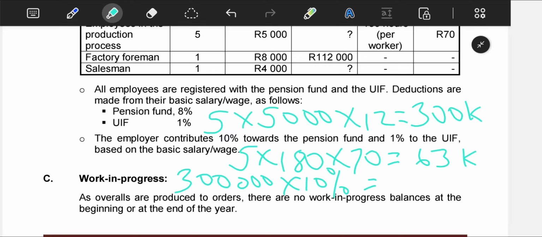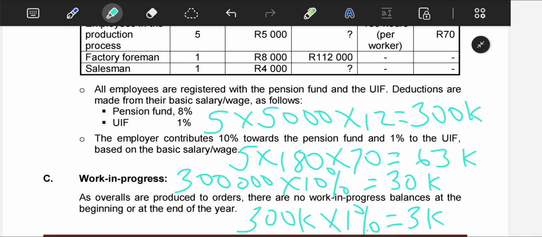Then when you multiply by 10%, you are going to get your 30,000. Right. And then the UIF, they told you is 1%. So you are going to say 300,000 multiplied by 1%. And then you get your 3,000. And then you total everything here.